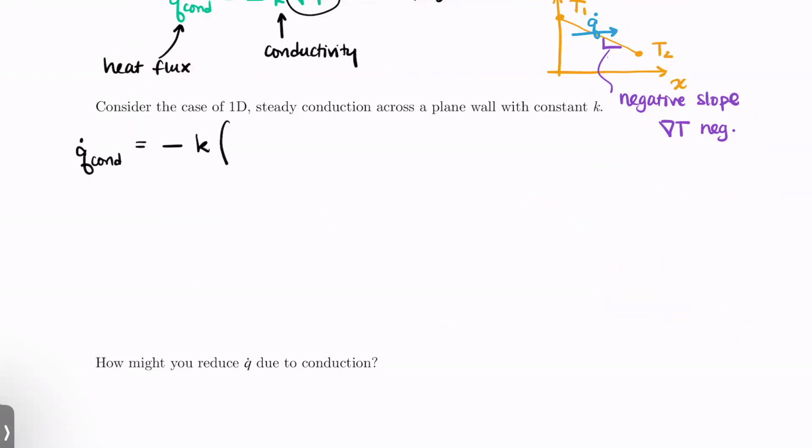So I'm going to rewrite this gradient: partial T partial x i hat plus partial T partial y j hat plus partial T partial z k hat. That's just my gradient. If this is one dimensional, I'm going to assume that dimension is x, so all of my derivatives with respect to y and z are 0.